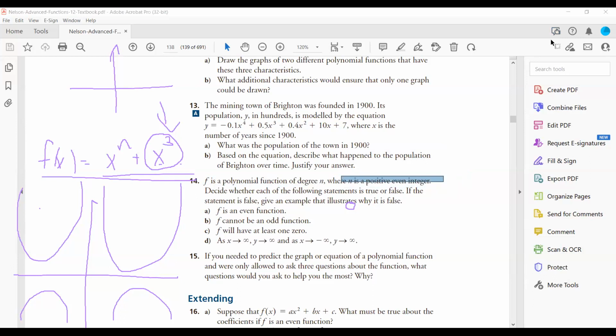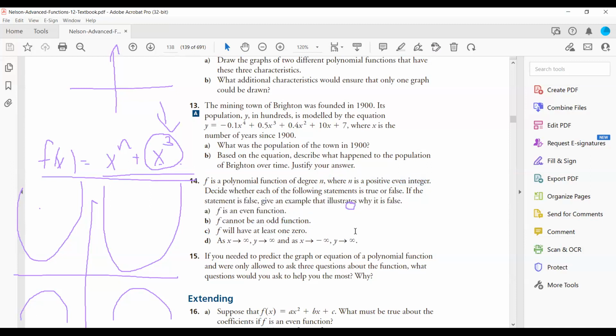Okay, so considering this fact, A is false because we don't know what integer n is. It could be positive or negative. Question B, f cannot be an odd function.